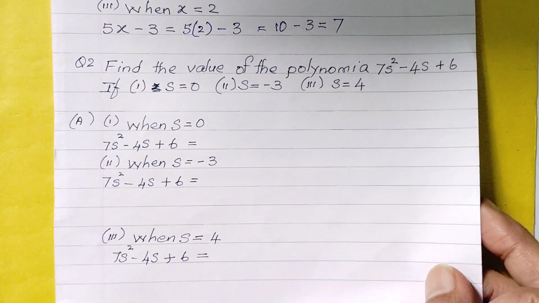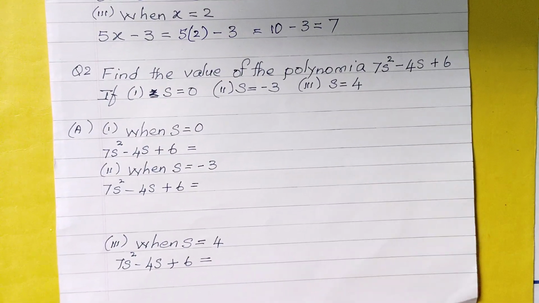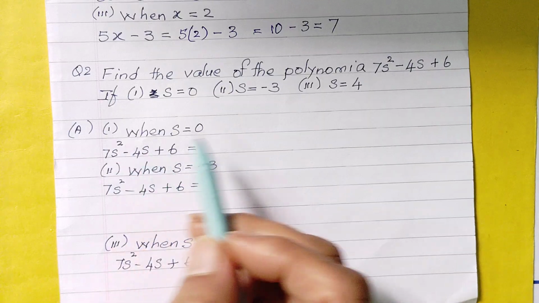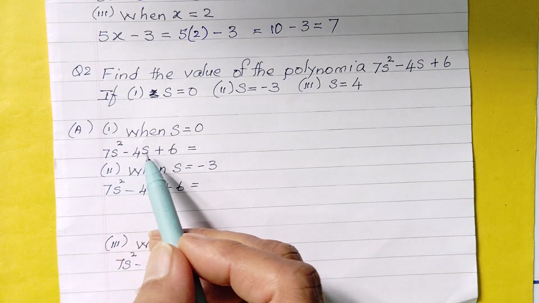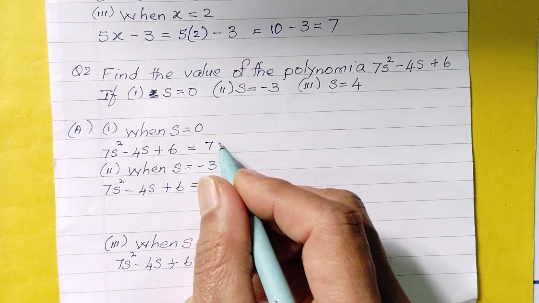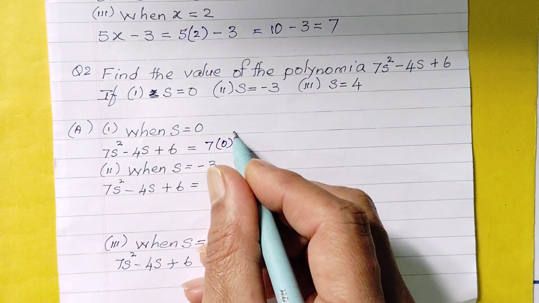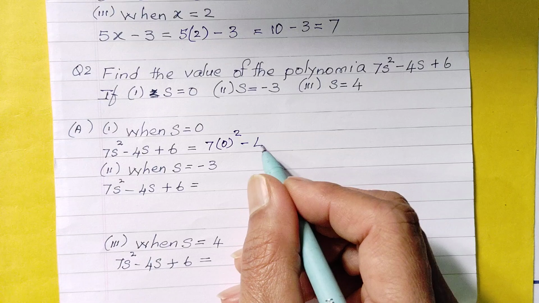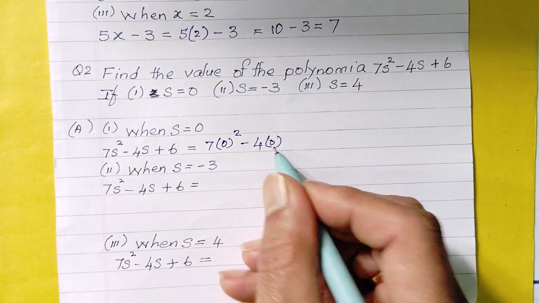Now question number 2. Find the value of the polynomial 7s square minus 4s plus 6 if s equal to 0, s equal to minus 3 and s equal to 4. So when s equal to 0, 7s square minus 4s plus 6 will become 7 into 0 square minus 4 into 0 plus 6.